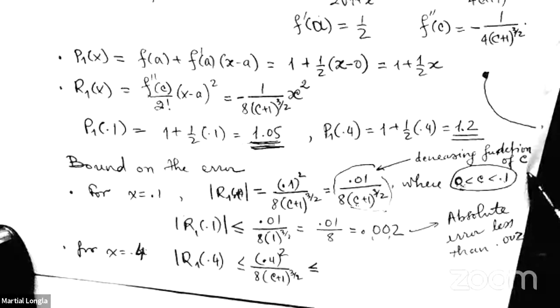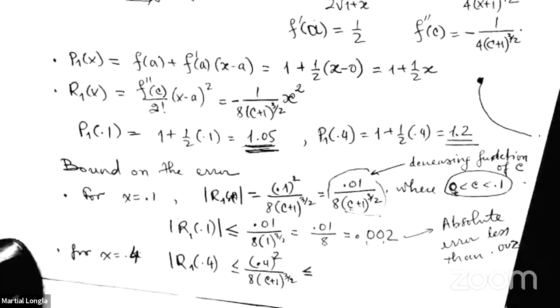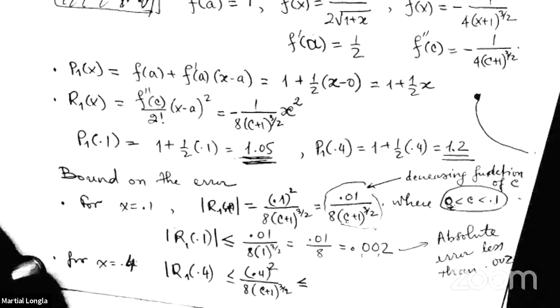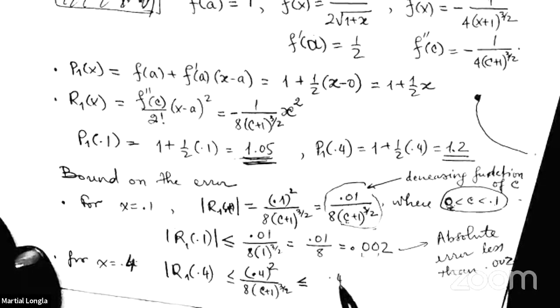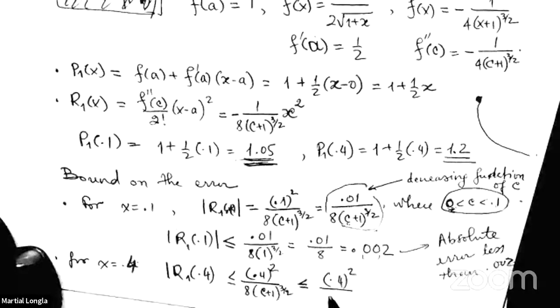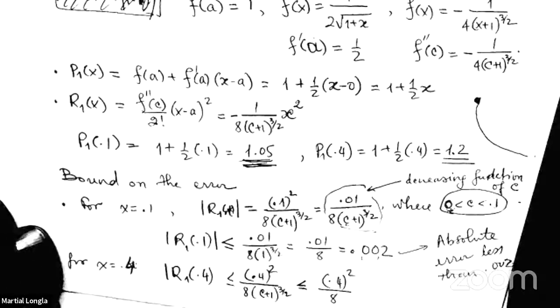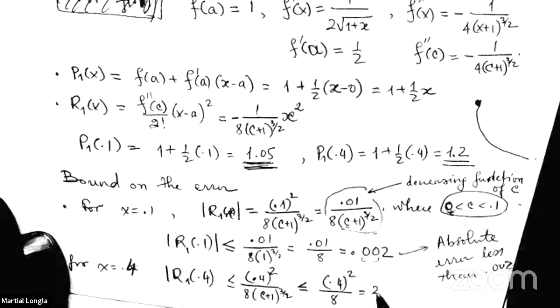The interval just got larger, but still it's a decreasing function. So the maximum is still going to be around that 0. Less than 0.4 squared over 8. So we can divide here. 16, it's going to be 2.